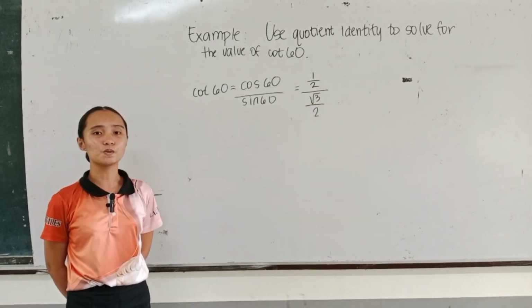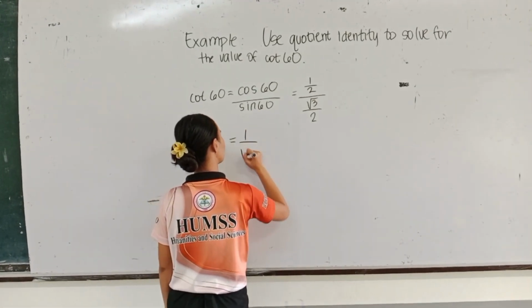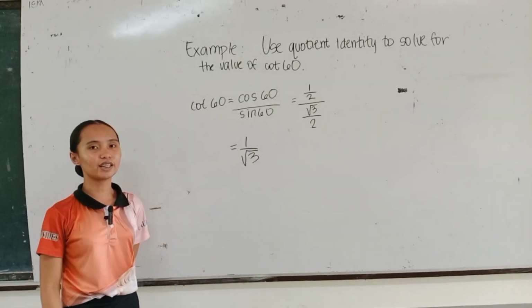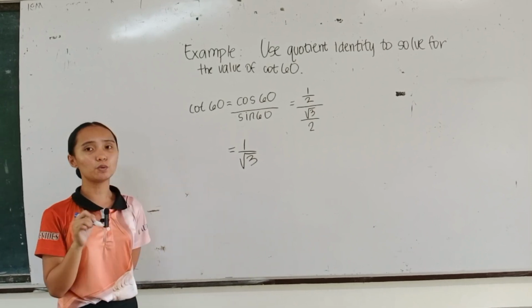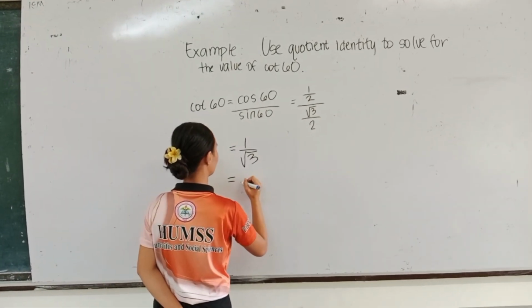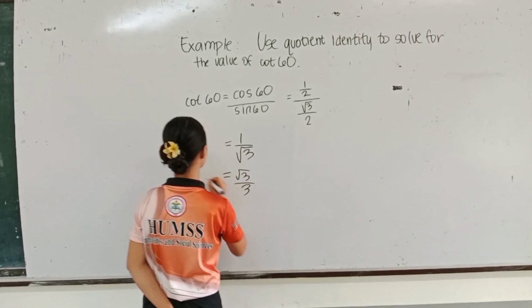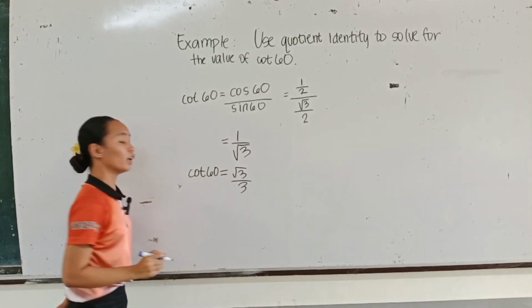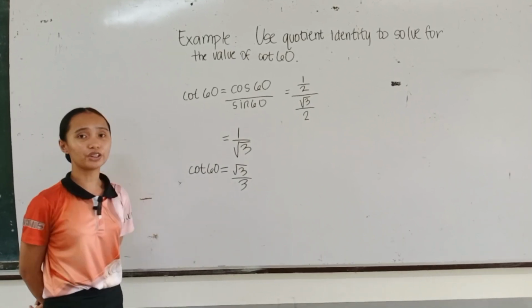Next is to simplify. Since the denominator is in radical form, as a note in the quotient identity, we must rationalize. Therefore, cotangent 60 is equal to square root of 3 over 3.